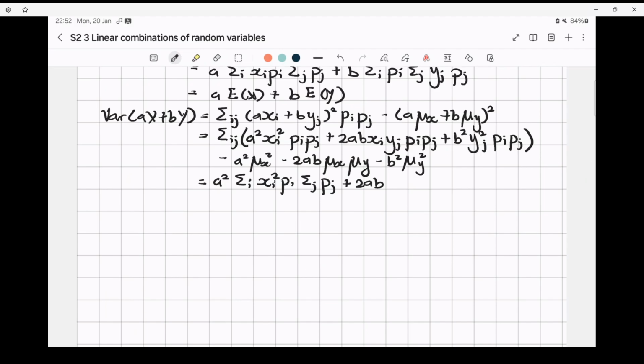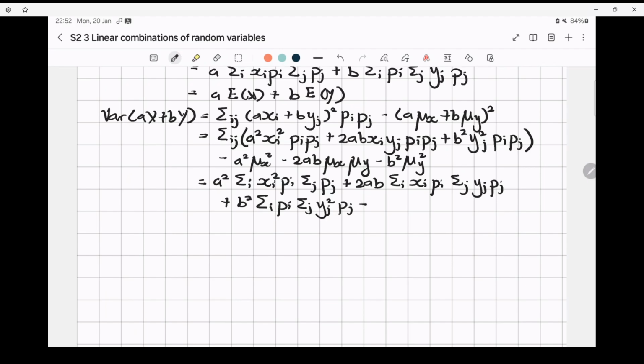Now you have 2ab, sum of i xi pi, sum of j yj pj, plus b squared, sum of i pi, sum of j yj squared pj.